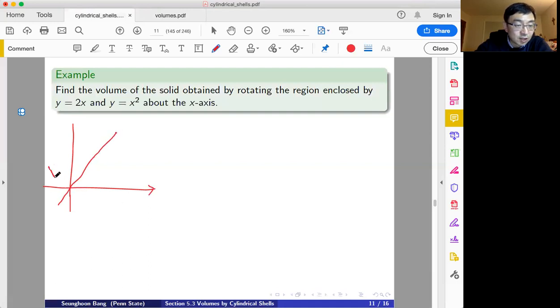You can find the intersection point. How can you find it? You solve 2x equals x squared.